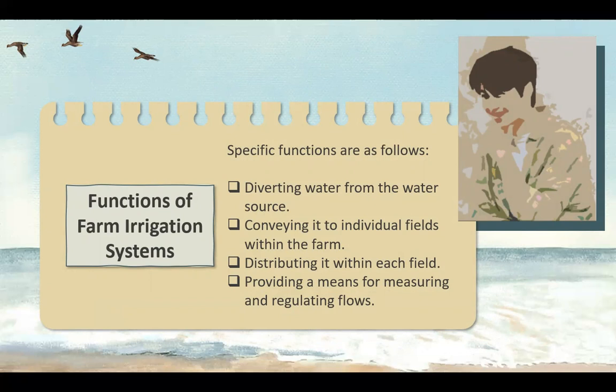And number four, providing a means of measuring and regulating flows. It also helps in controlling wind erosion, delaying development of root and bud, and cooling crop and soil. Tasks such as applying chemicals and waste and providing water for seed germination are made easier with this system.